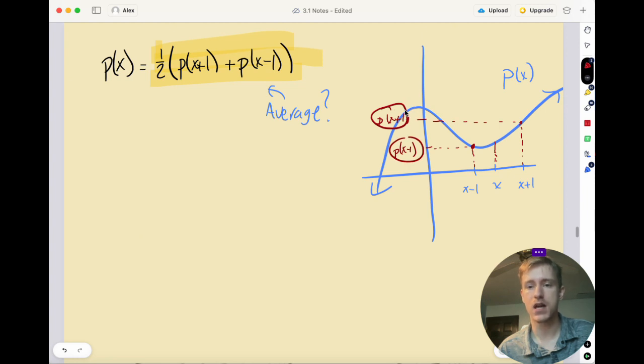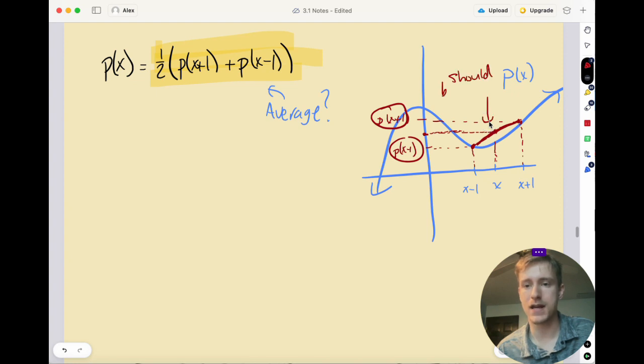So it needs to be directly right here, smack dab in the middle. That does not look like the middle, but that's where P of X needs to be. And if P of X is smack dab in the middle between this point and this point, that really means that this should be linear. Now it's not linear, especially in this picture, but it should be.